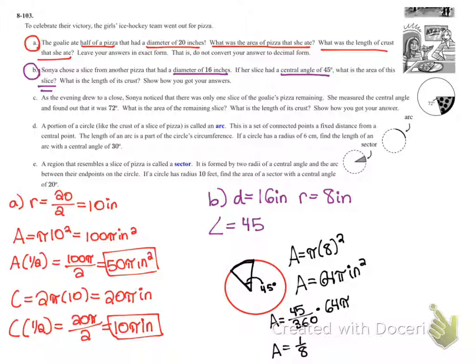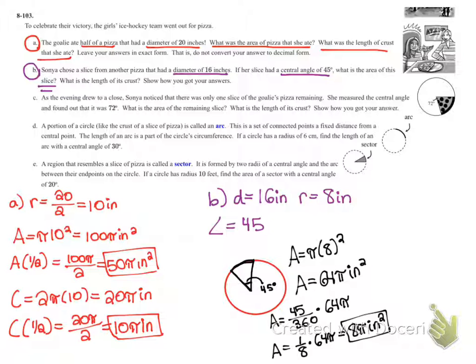Remember, you can do this in your calculator by doing math, enter. It'll convert it to a fraction. So we're looking for 1/8 of 64. We know what that is. 1/8 of 64 is 8. So the size of the slice that she ate was 8 pi inches squared.